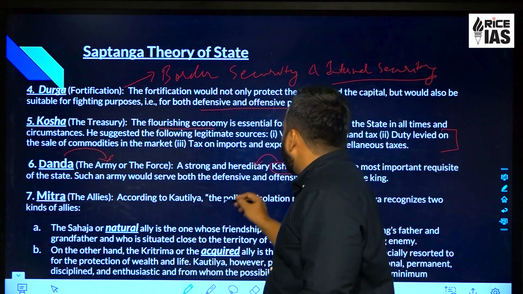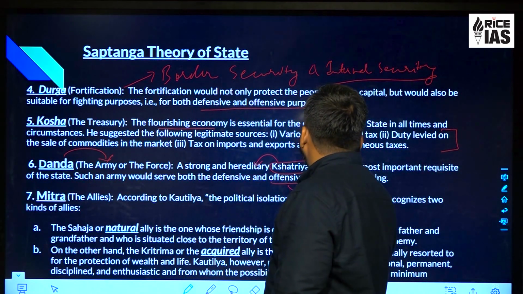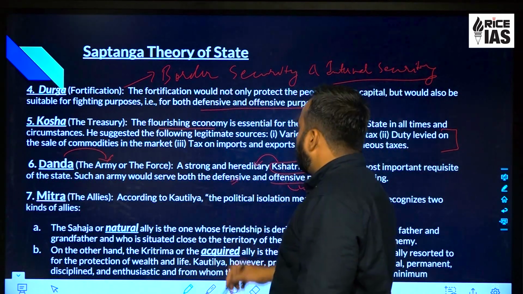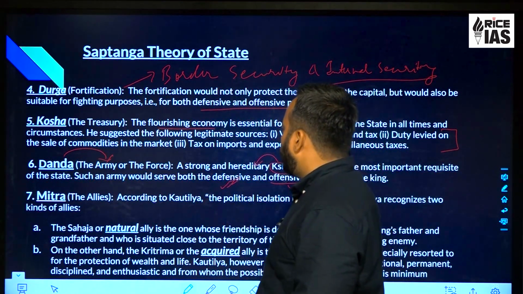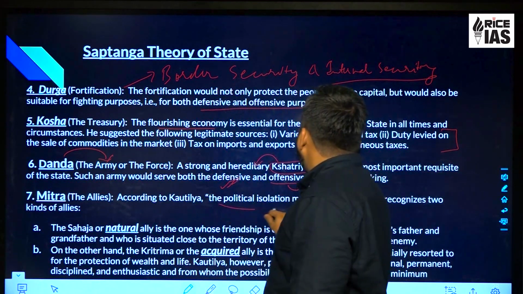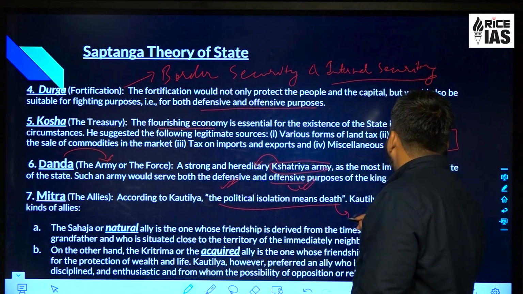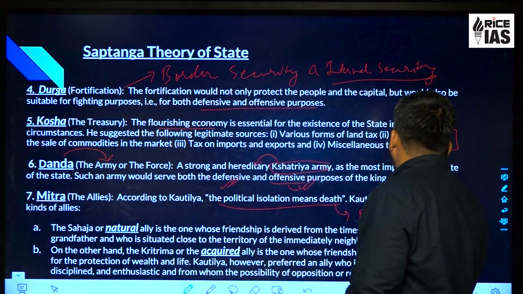Defensive, offensive. Even though Kautilya favored offensive over defensive, depending on the situation, defensive tactics could also be applied. According to Kautilya, political isolation means death.